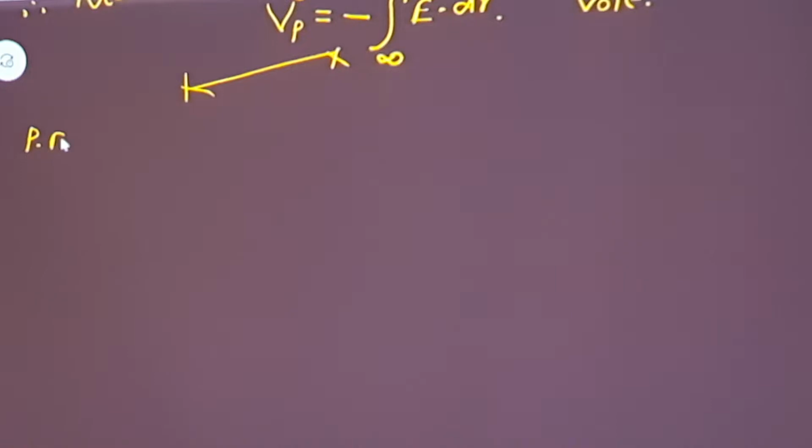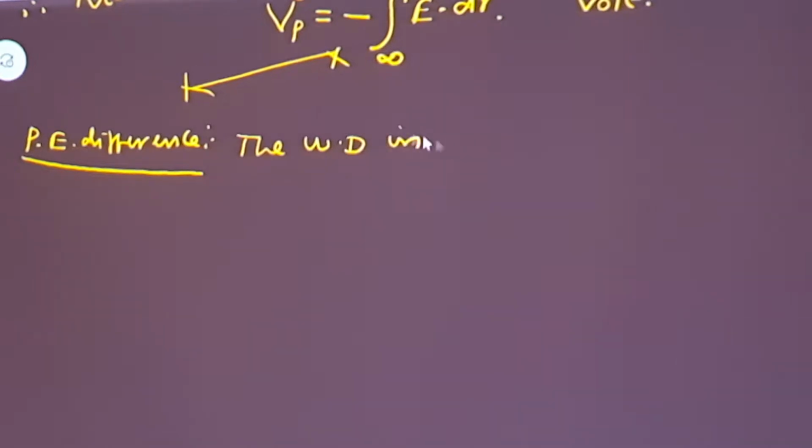How can you define this potential energy difference? Potential energy difference means it is the work done in moving a charge. Here we won't mark it out as a unit positive charge.